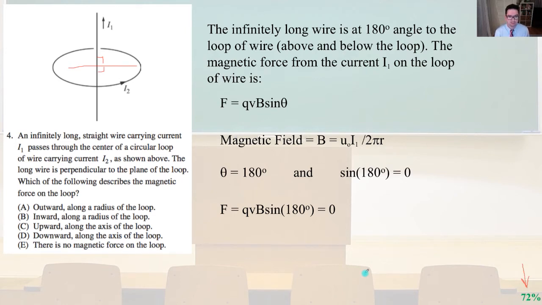So theta here is going to equal 180 degrees, which is the amount above and the amount below. 90 plus 90 is 180 degrees, and the sine of 180 degrees is 0. So our force from the current I1 on the loop of wire is going to be QVB sine 180 degrees. Sine 180 degrees is 0, therefore the force is 0.